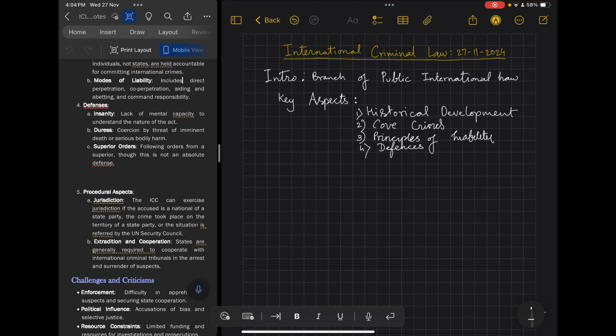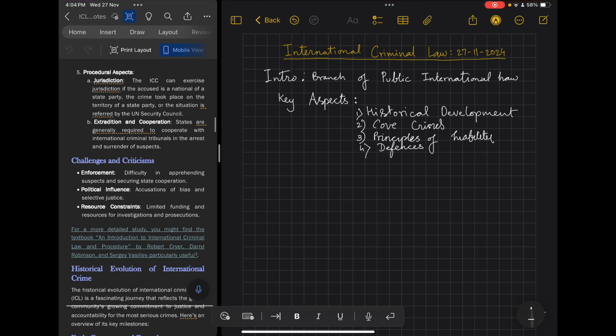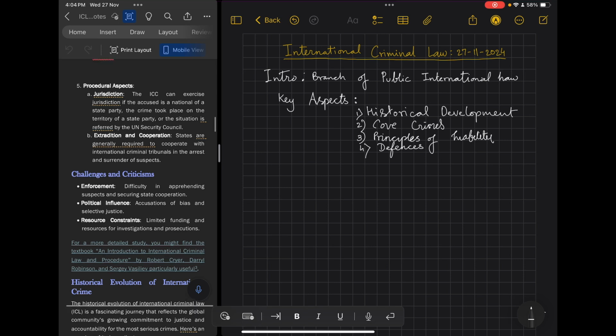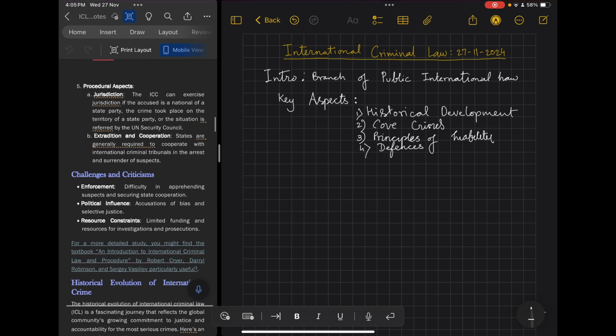Then superior orders, following orders from a superior, though this is not an absolute defense. Okay, so these three things are the defenses for whatever crimes have been committed against humanity, and these three can be used for defense, but it's not the absolute defense when it comes to superior orders.